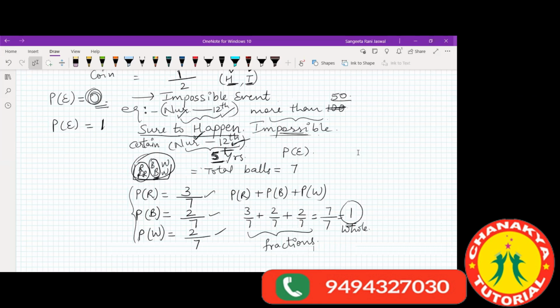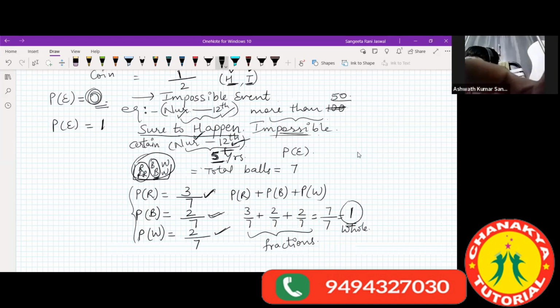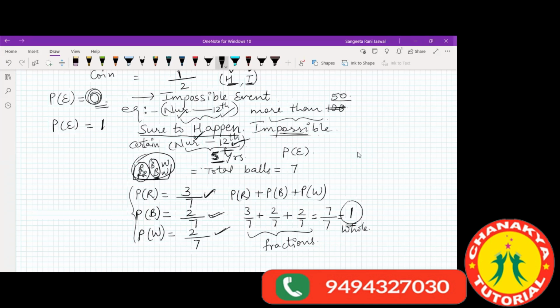So when I add all these probabilities, I get the whole. These probabilities are actually fractions, they are parts of a whole only. The probability of an event which is not possible is always 0. The probability of an event which is sure to happen is 1.